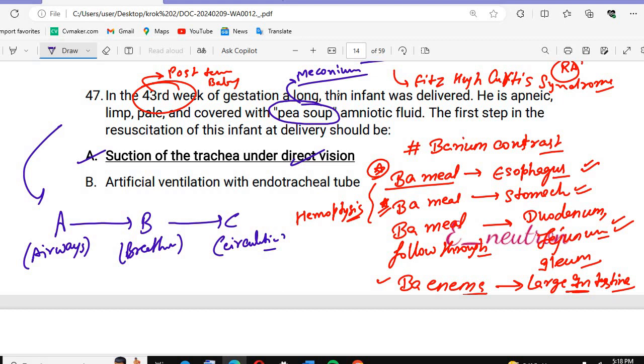After that we will do multiple suctions, so that all the meconium we can aspirate.